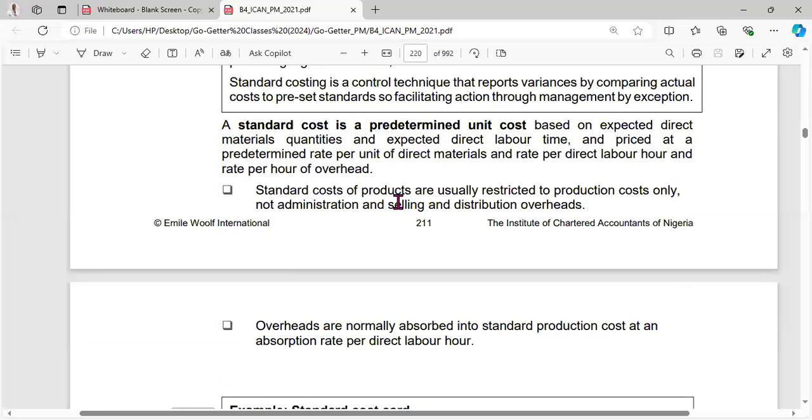So standard costs of a product are usually restricted to production costs only, never administration and selling costs. Overheads are normally absorbed into standard cost at an absorption rate per direct labor hour. So this is the overhead absorption rate I was telling you about.